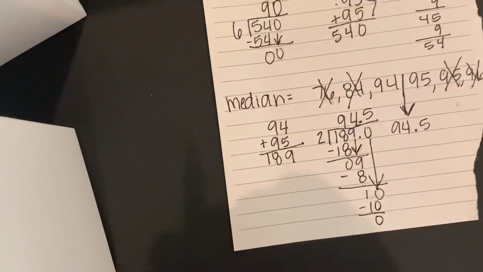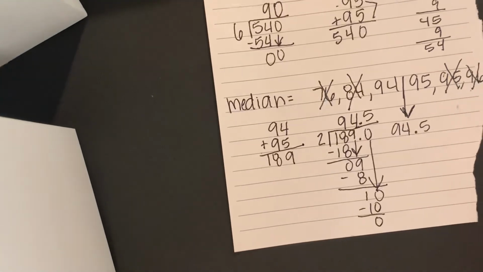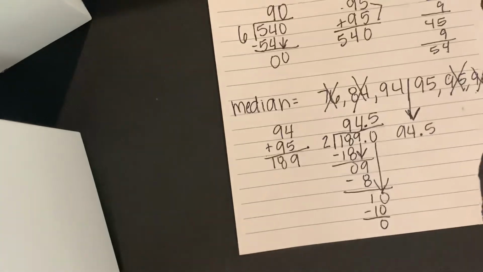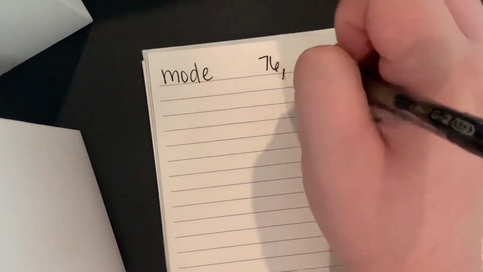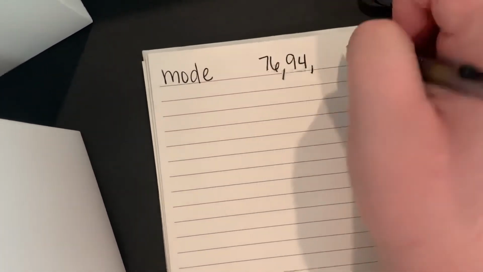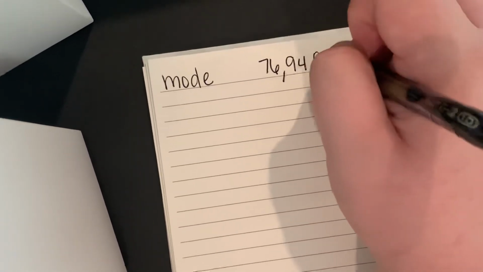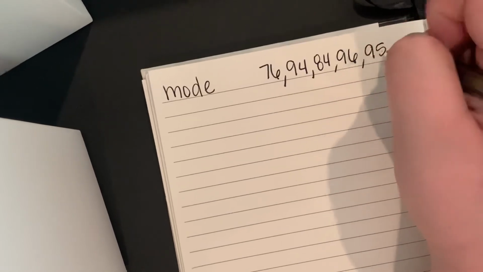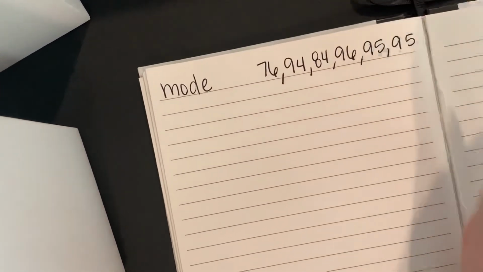Okay, and then I am actually going to get another piece of paper for this. We still need to look at the mode and the range, so I'm going to rewrite our numbers. 76, 94, 84, 96, 95, and 95.